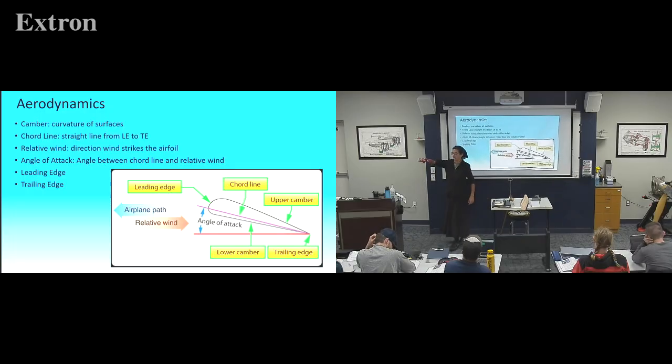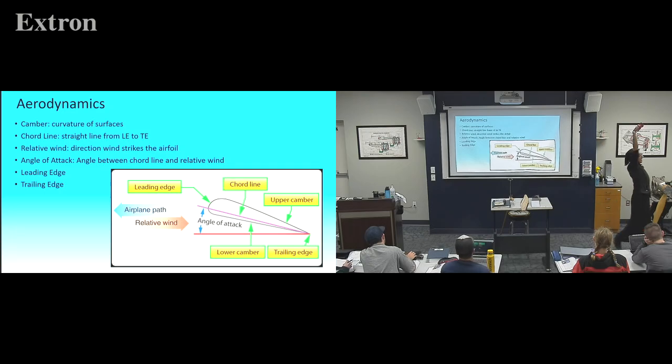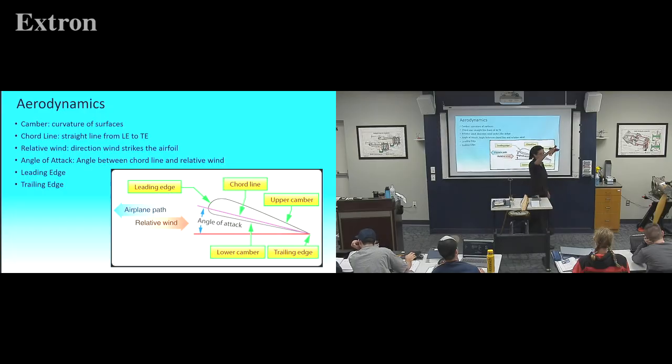So if I'm flying at the same altitude like this, do I have a low or a high angle of attack? High angle of attack. If I am climbing like that, do I have a low or a high angle of attack?